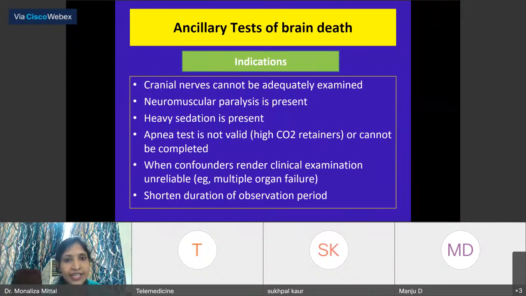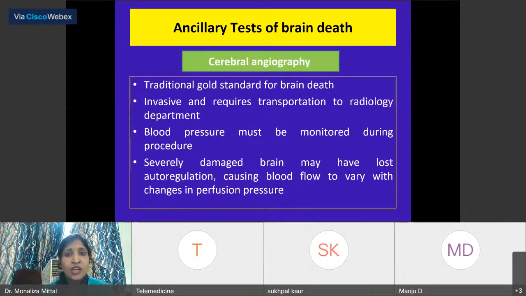So indications are: when cranial nerves cannot be adequately examined due to severe injuries, neuromuscular paralysis is present, heavy sedation is given to the patient, the apnea test is not valid or cannot be completed, when confounders render clinical examination unreliable, we cannot conclude any clinical examination, and we have a very short observation period for the patient.